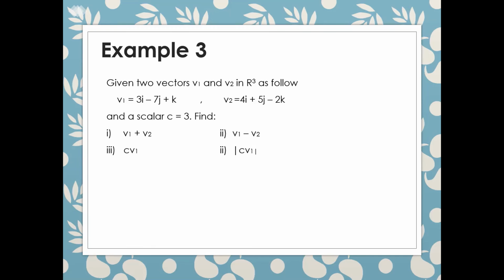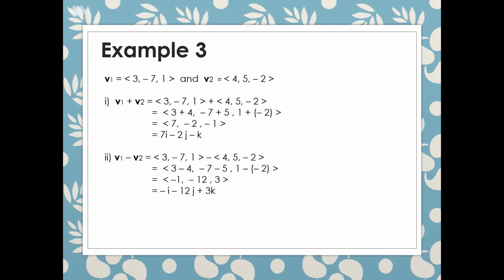Now refer to example 3. Given two vectors V1 and V2 in three-dimensional space with a scalar C equal to 3. Find the following operations. V1 plus V2 is obtained by adding the corresponding components of both vectors, 3 plus 4, -7 plus 5, 1 plus -2, which can be simplified to 7i minus 2j minus k.